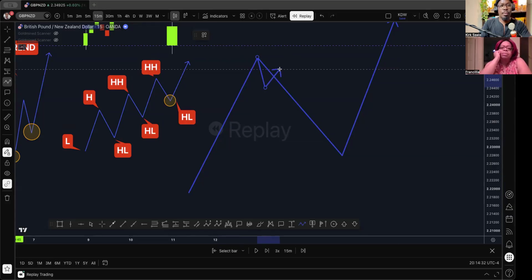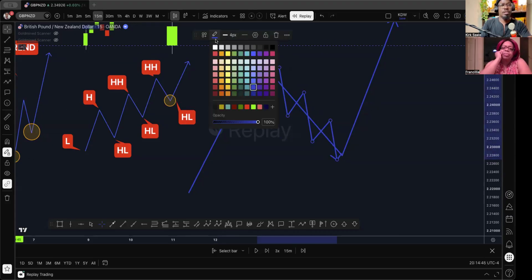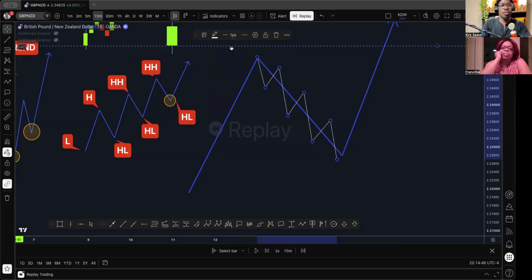The same way when we're going up, price gives us higher highs and higher lows. When we're going down, we get lower lows and lower highs. So this is what's happening when price is going down. All right. Lower lows and lower highs when price is going down.